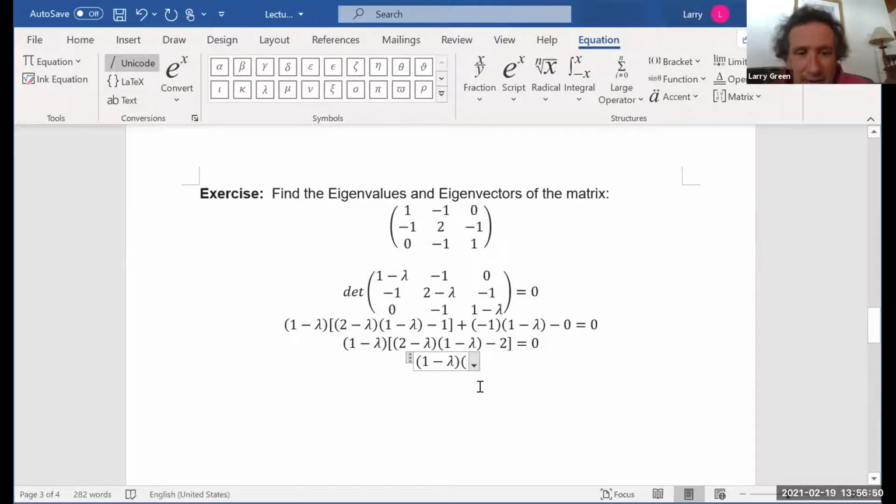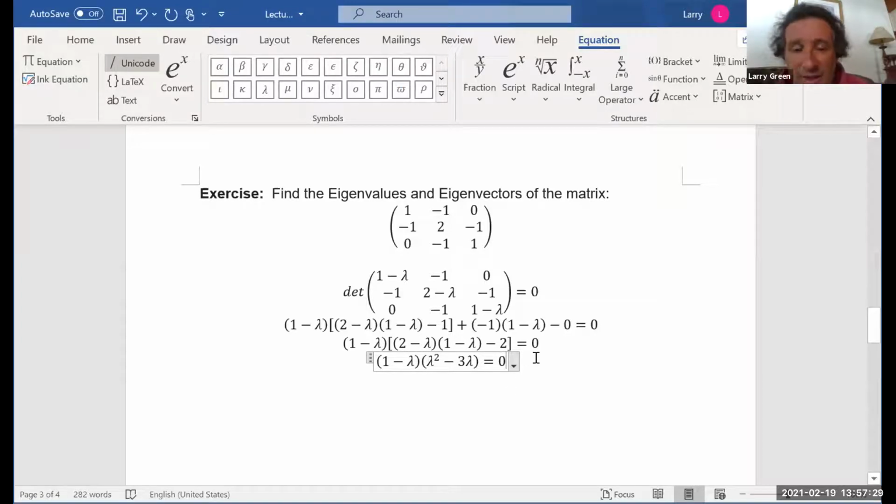I get a lambda squared and then I have a minus 3 lambda. And then I have a plus 2. So I have a plus 2 minus 2. See if I did this right. Any questions on that? Equals 0.